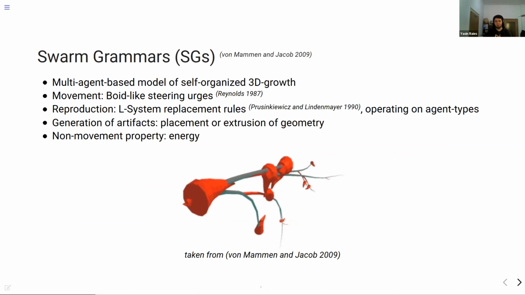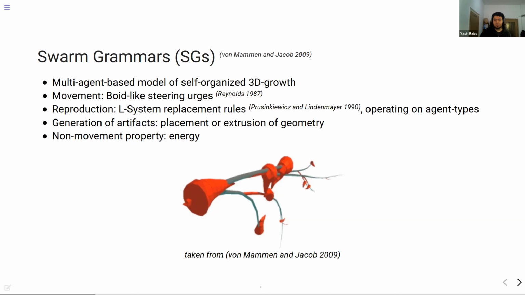So they move according to very simplistic steering urges. If they see other agents of their species, they might want to go in their direction, or if too many agents are very close to them, they might move away to get some personal space, for example.